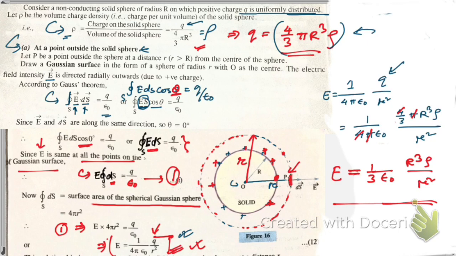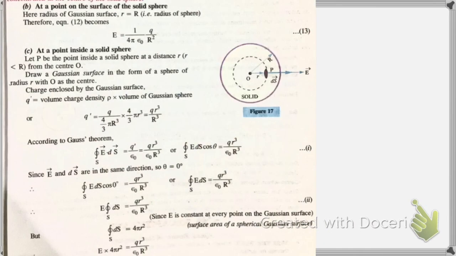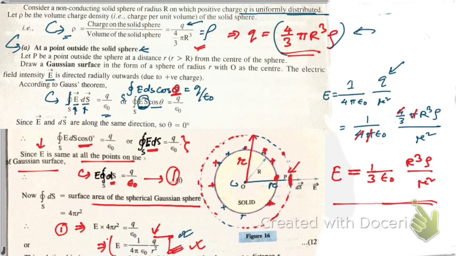Now at a point on the surface of the sphere, small r is replaced by capital R. Again, if you put the value of q, we have the expression E is equal to 1 by 3 epsilon naught, capital R cube by small r square, rho.